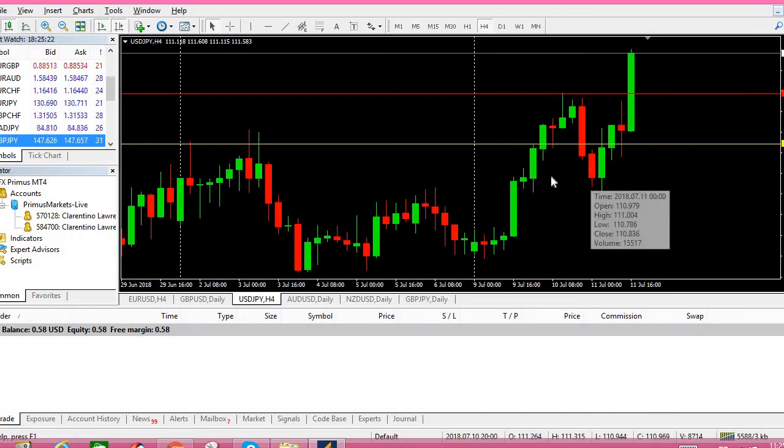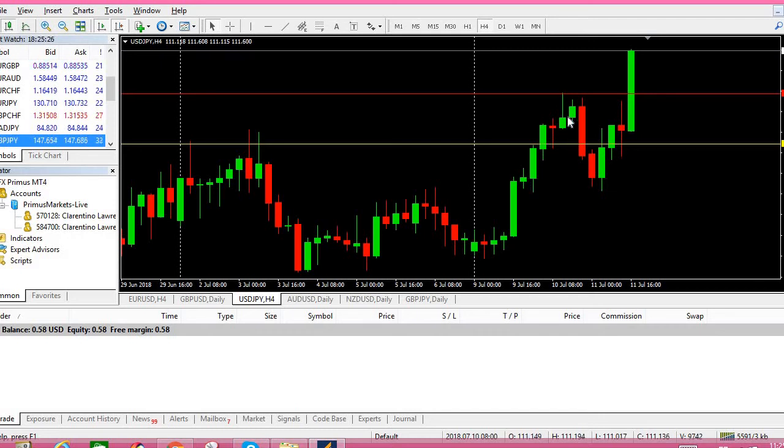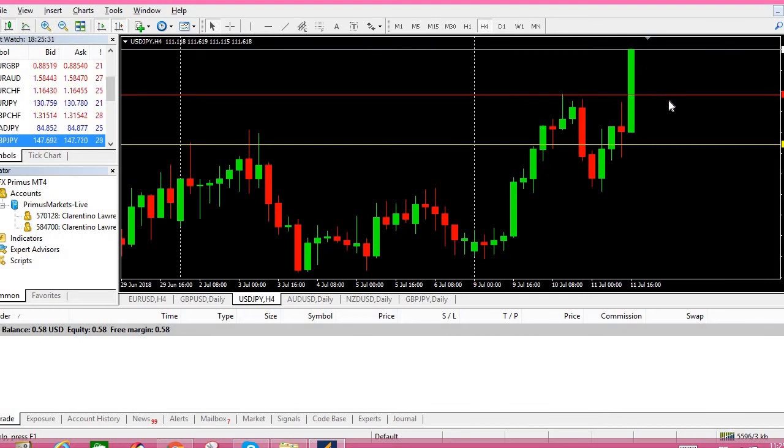So it will probably go down a bit here, make its move, then shoot upwards. So I will be observing this level very closely.